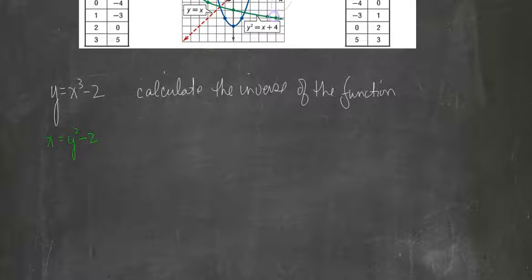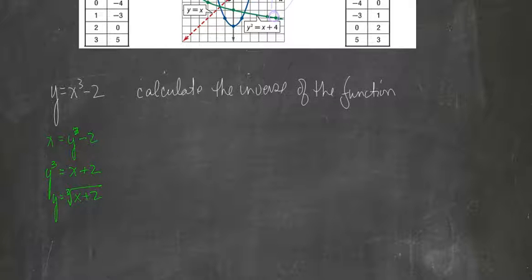When I do that, I can solve for y if I want. Sorry, that's a cube. I could say y cubed equals x plus 2, and then y equals the cube root of x plus 2. I could use it in either form.